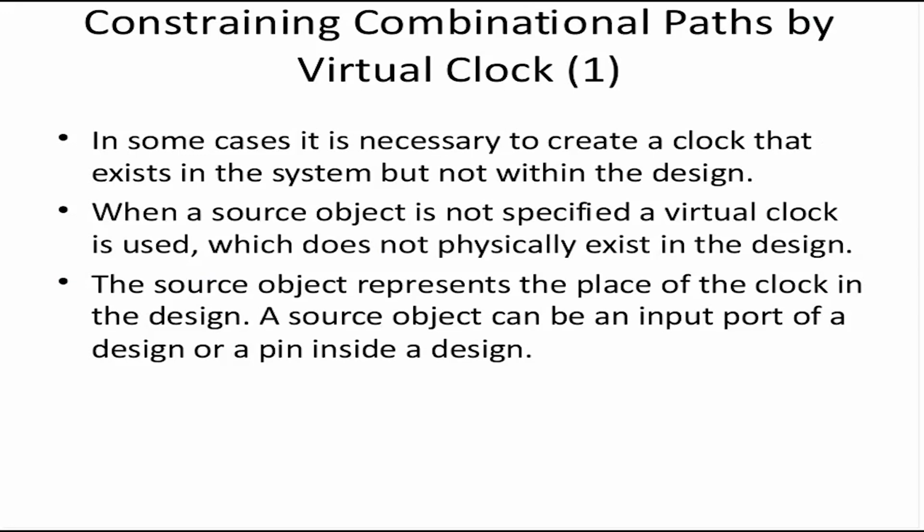The command you could use is set max delay. You could tell DC that the full combinational cloud between the input port and the output port of my design should not take more than, let's say, 5 nanoseconds. So you could say set max delay 5 ns from input to output port. This will let DC know that I need to optimize this logic to meet this goal.